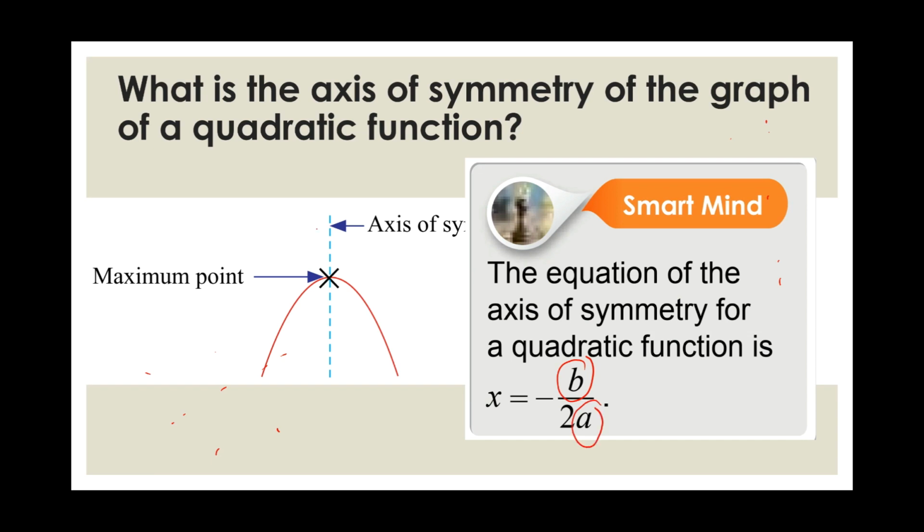For example, if this graph over here, I'm going to draw it like this, I add on. The value is 2 here and this is 5. Can you tell me what is the equation of the axis of symmetry?